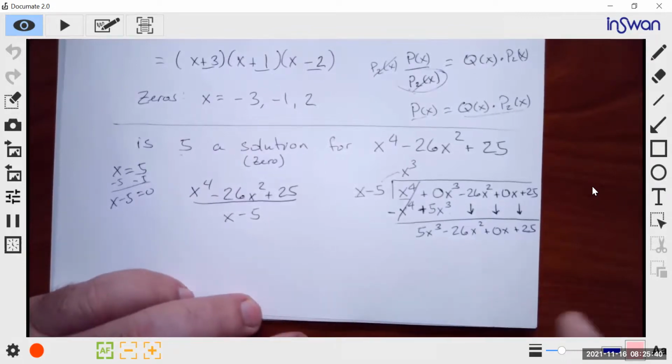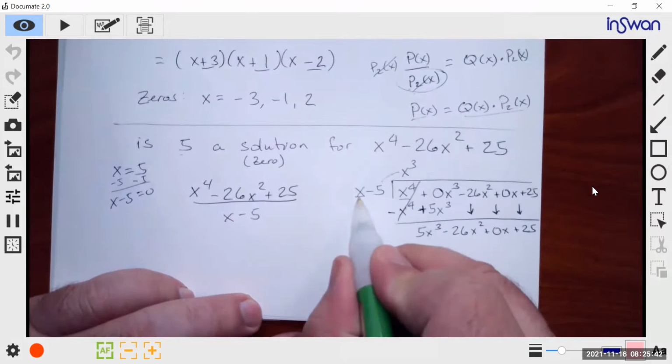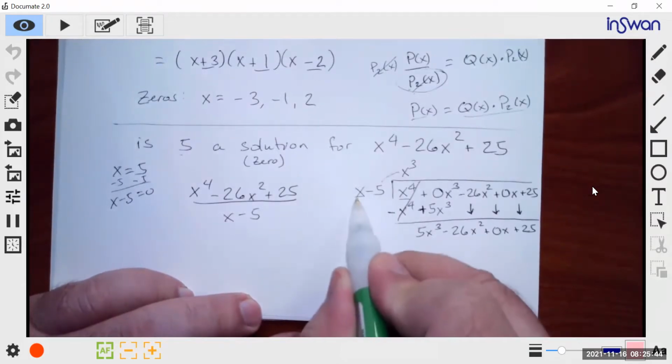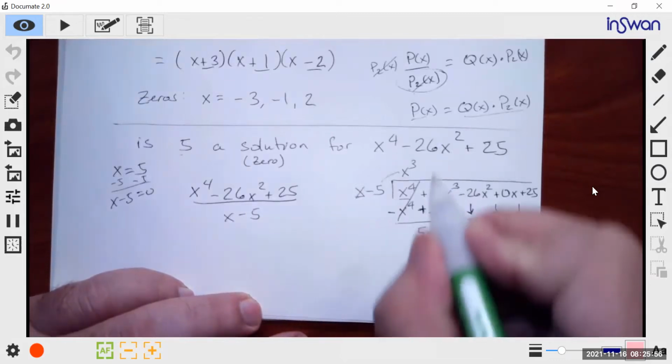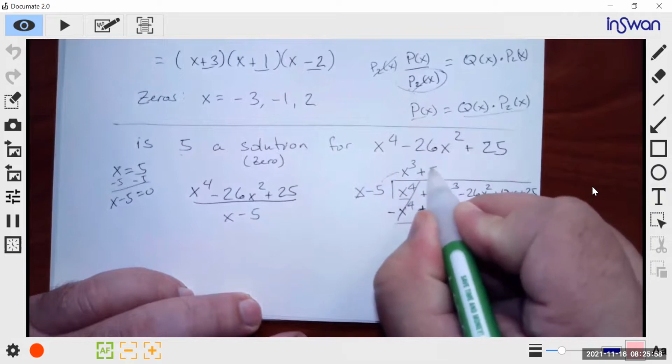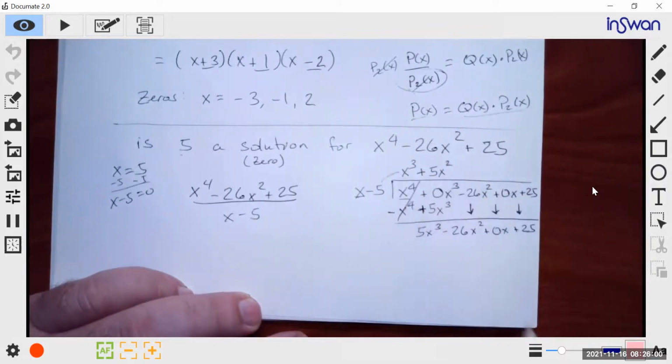What's my next number? So what times x gives me 5x cubed? Yeah, positive 5x squared.